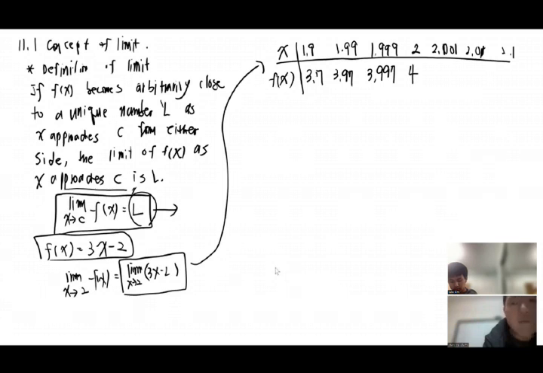And 2.001 makes f(x) 4.003. 2.01 makes f(x) 4.03. 2.1 makes f(x) 4.3. So you can see the trend of f(x) in terms of the x value.